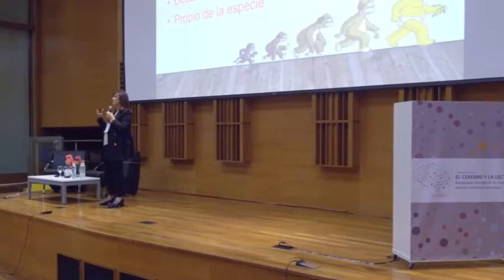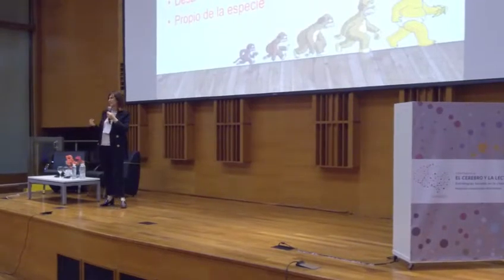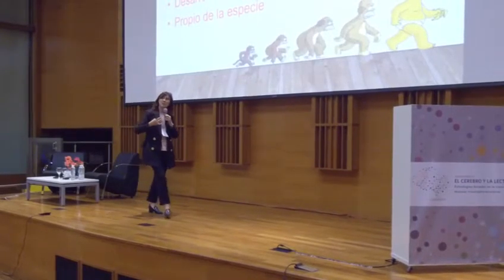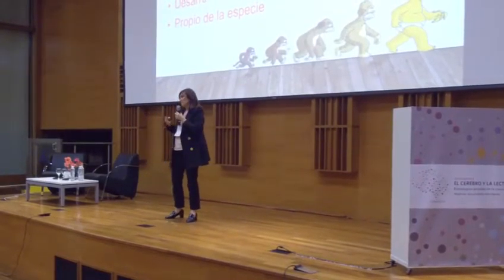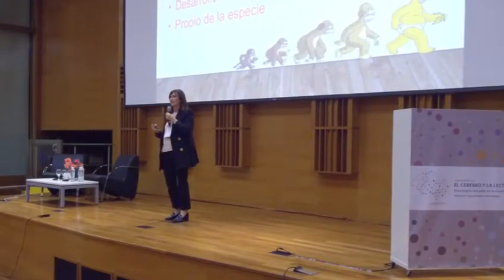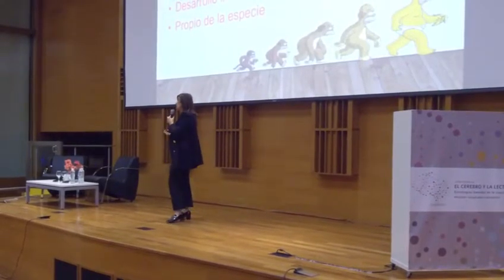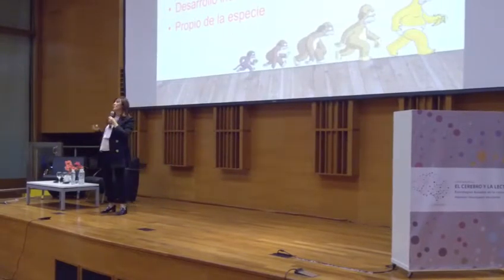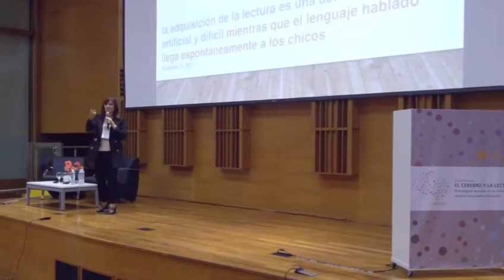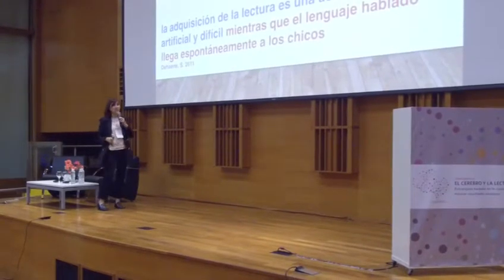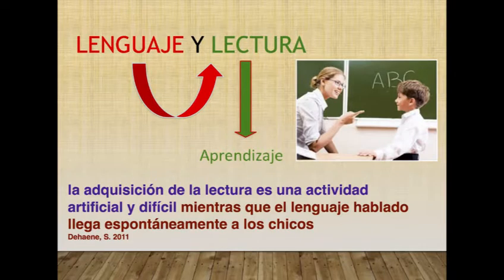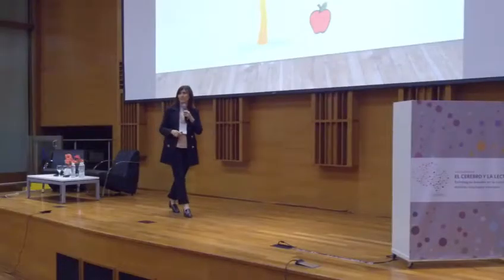We know that human beings speak. We have a linguistic brain. It's human. Human beings have developed language, evolutionarily speaking, for many years now. But we don't really read naturally. We walk, yes, we speak, we have other developments that are part of human maturity, but that's not reading. And as Dehaene says, acquiring reading is an artificial and hard activity, whereas spoken language arrives to us spontaneously.